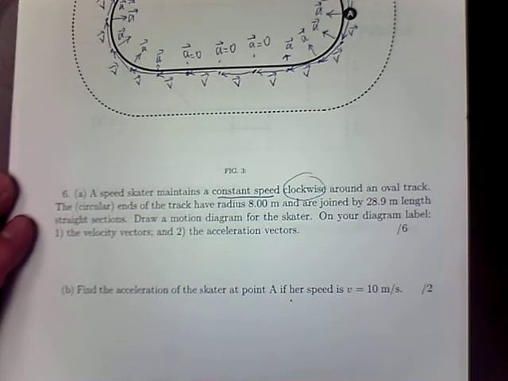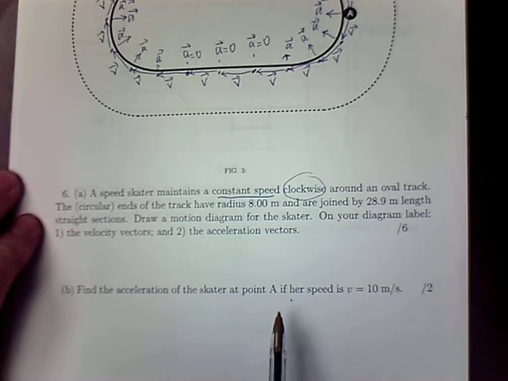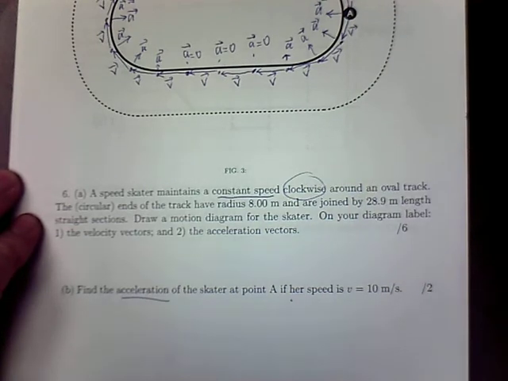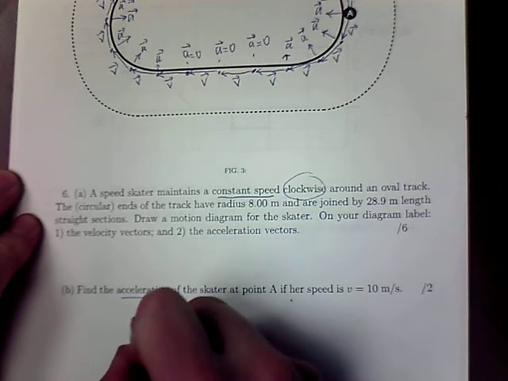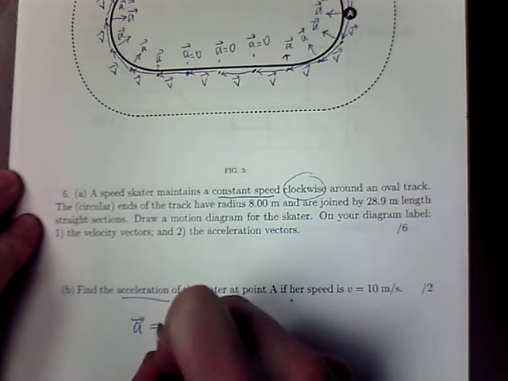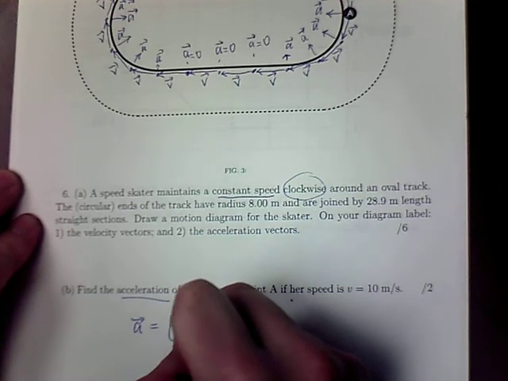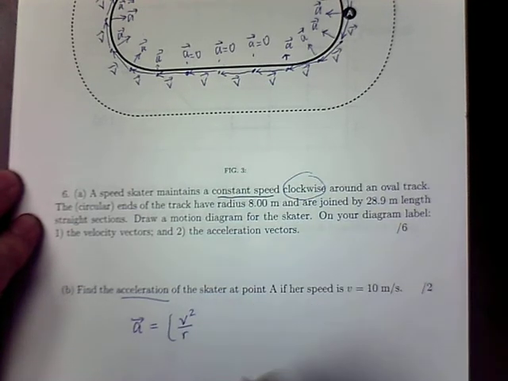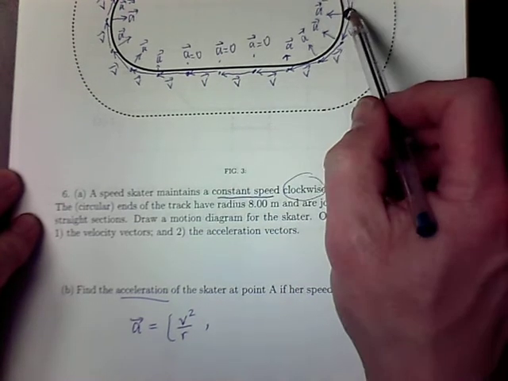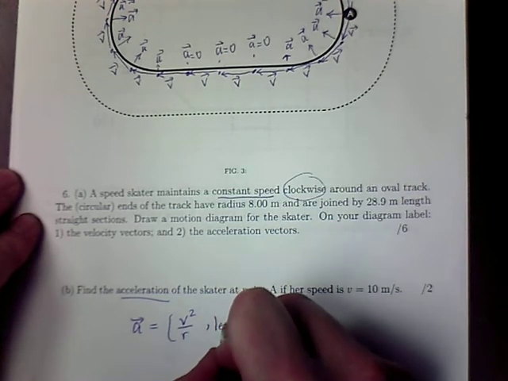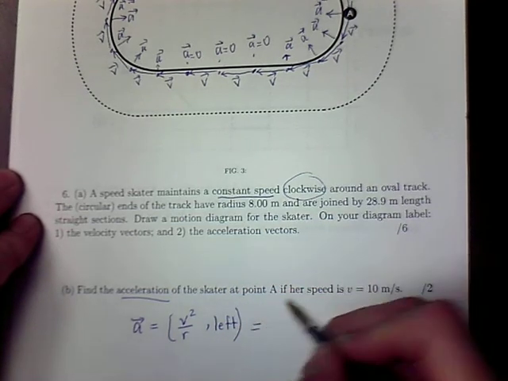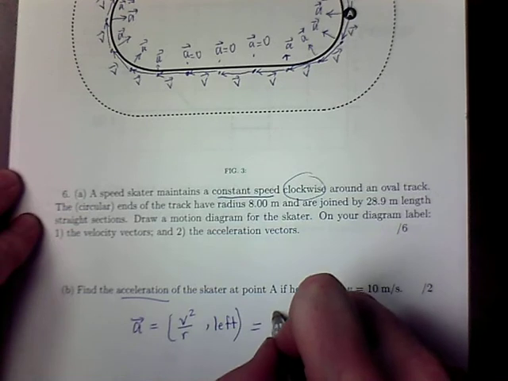We want to find the acceleration of the skater at point A. Acceleration is a vector. So the acceleration vector has a magnitude v squared over the radius. This is circular motion, centripetal acceleration. And in this case at point A, we know it's pointing to the left, or some might say to the west, if this was north up.